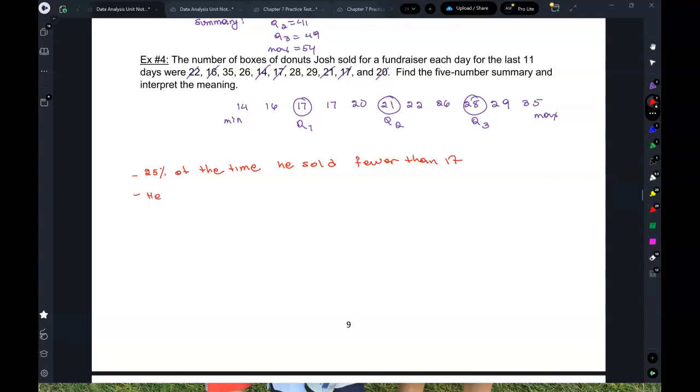He sold fewer than 21, 50% of the time. 75% of the time, he sold fewer than 28.